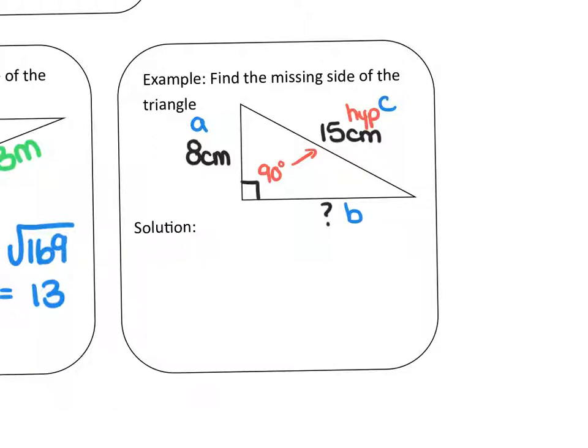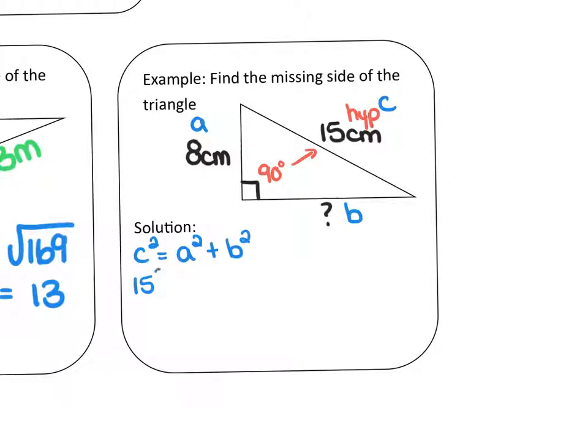We're going to set it up the same way we did the previous one, using c squared equals a squared plus b squared. So again, I just use it like it is. We don't know what b is, but that's okay. We're going to sub in 8 for a and 15 for c.